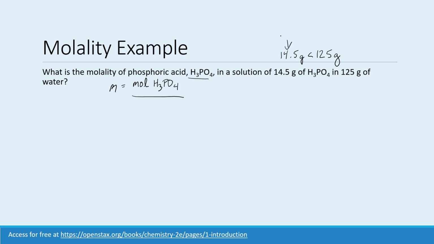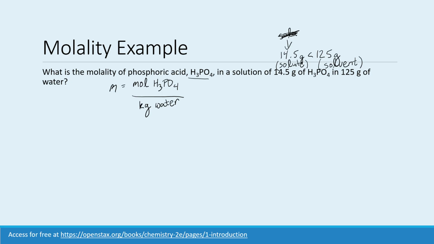So the smaller amount is going to be your solute, and the greater amount will be your solvent. Okay, sorry about that. So we've got the molality is moles of our solute phosphoric acid out of kilograms of our solvent, which must be water.